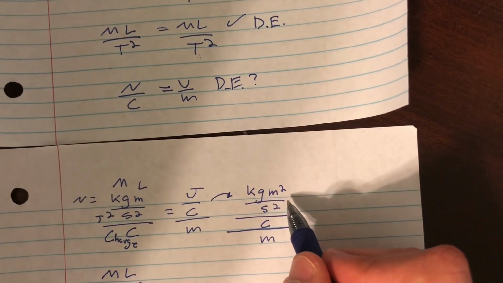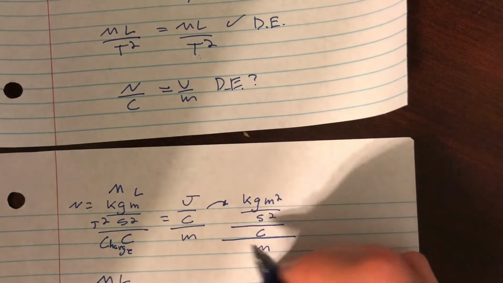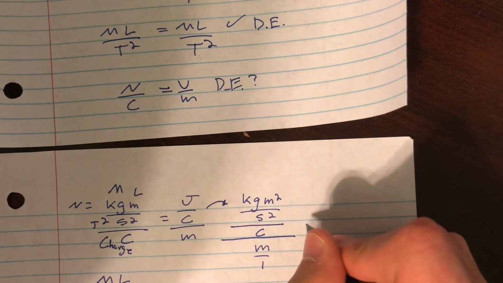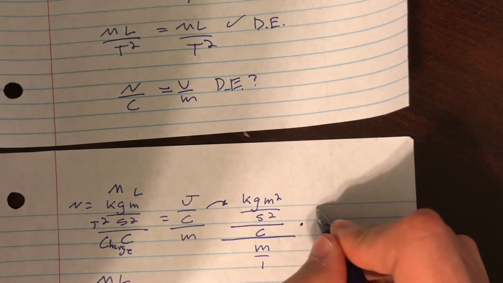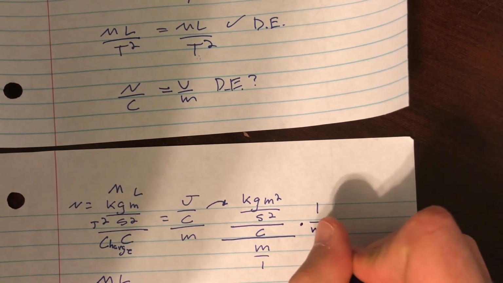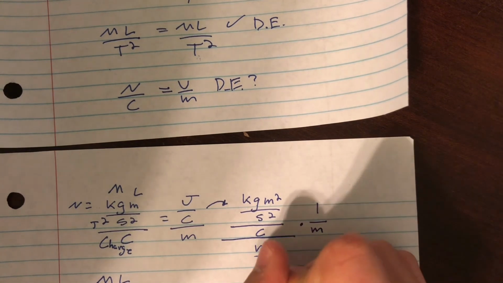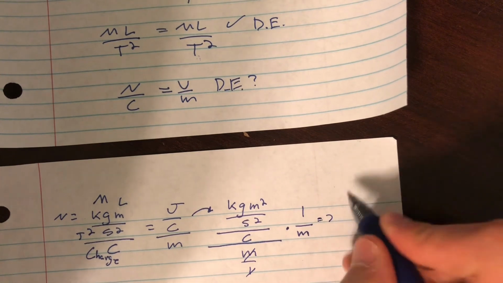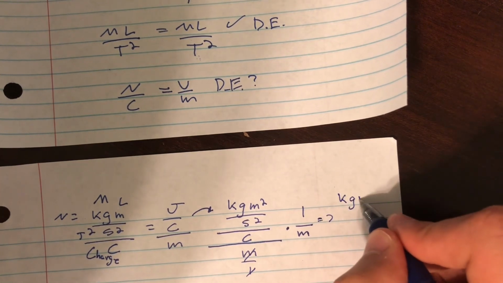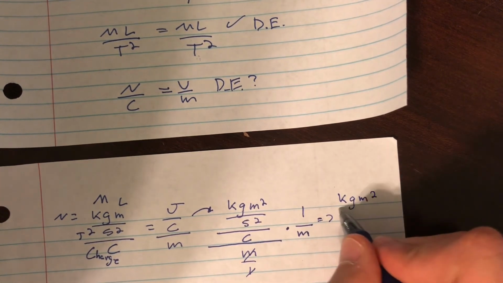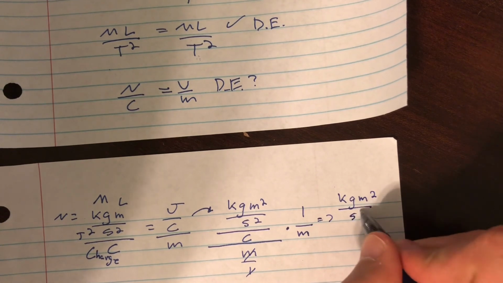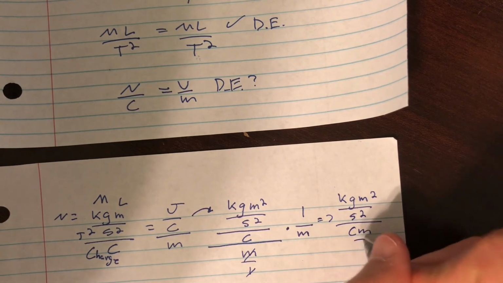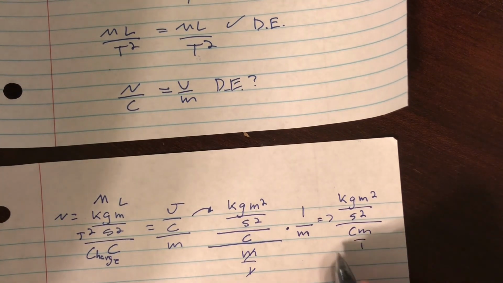Okay, so let's do some fun algebra with this. This is over 1. So if we flip this up, 1 is on top, and then meters is right here. All right, that's great. So I guess we can multiply this whole thing through: kilogram meters squared per second squared per Coulomb meter, that's going to be over 1.